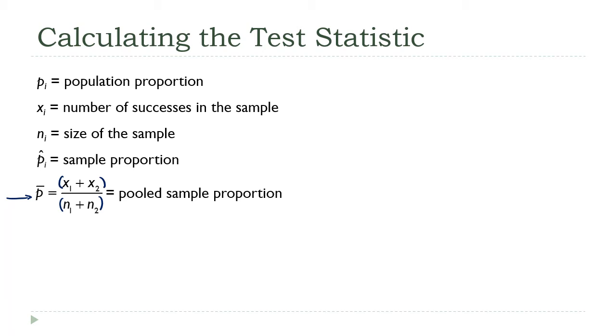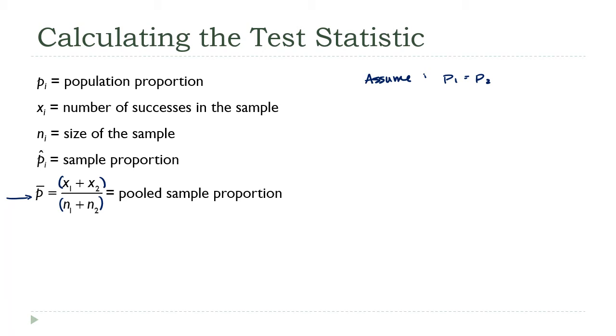Now, if we assume that the two population proportions are equal, which is what our null hypothesis says, then the best estimate of the combined populations is what we get by combining the two samples into one big sample.